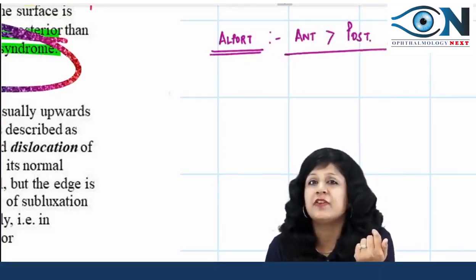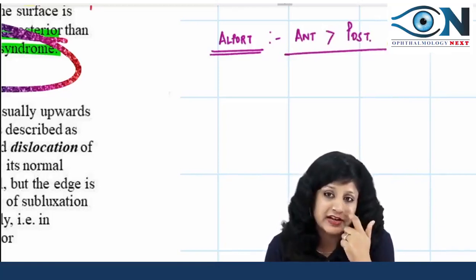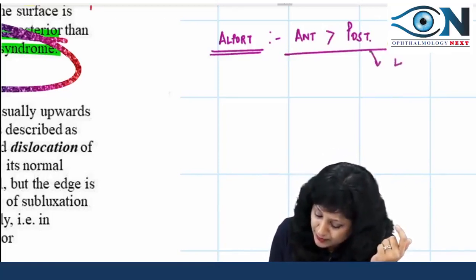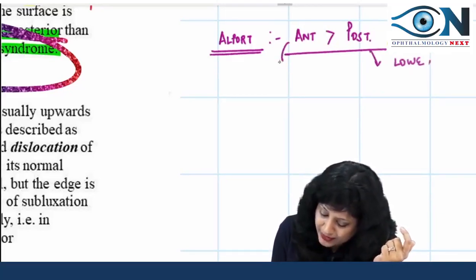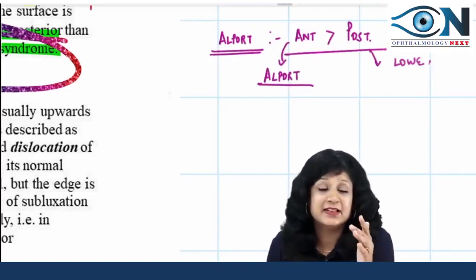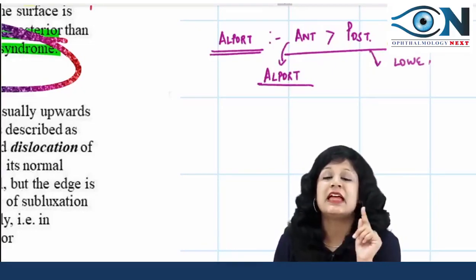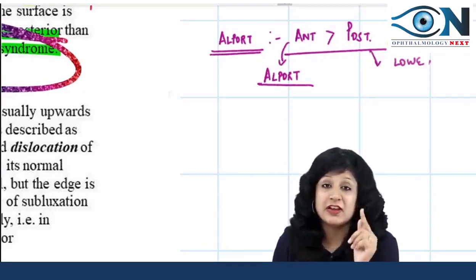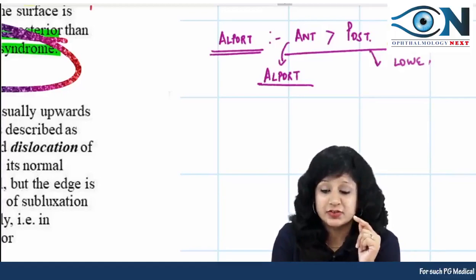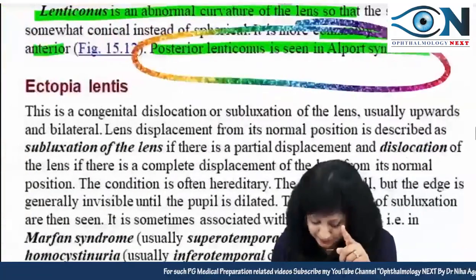So it is not a very good idea to give Alport syndrome as the example of posterior lenticonus. For posterior you have to remember the Lowe syndrome, or for anterior you have to remember the Alport syndrome, okay. But because Parsons says posterior lenticonus, that's why you have to remember that anterior is more characteristic. So even if they have given you both, it's always good to choose the anterior one, okay.